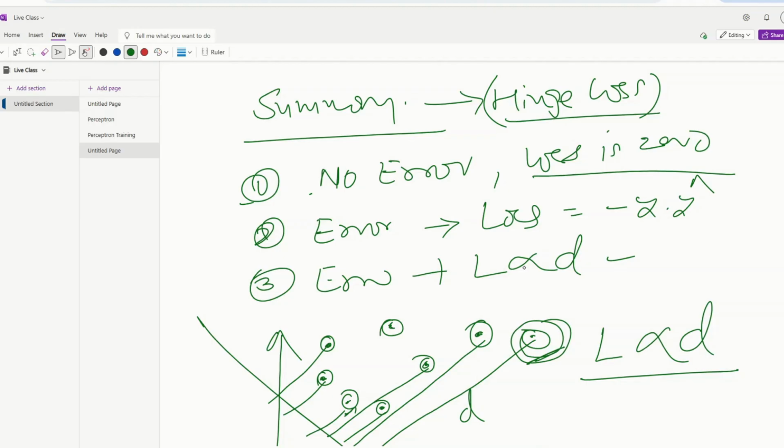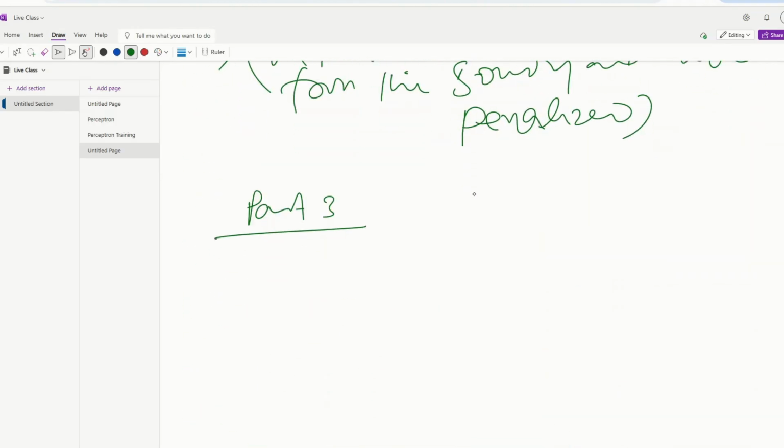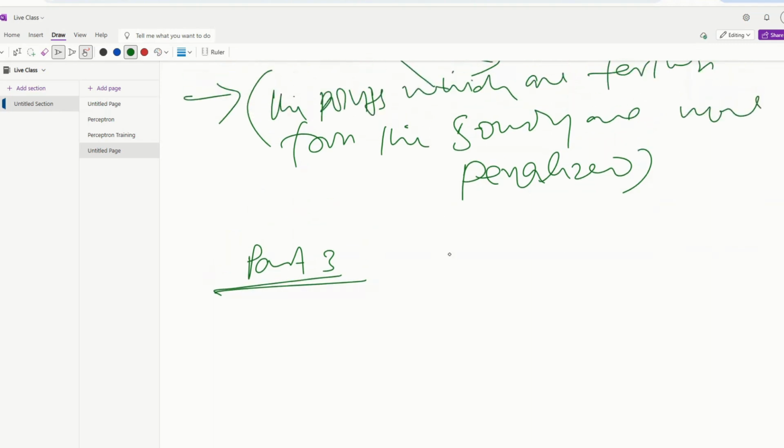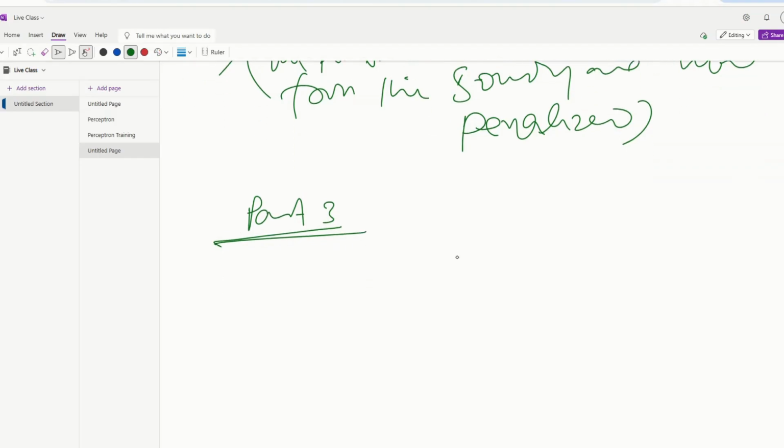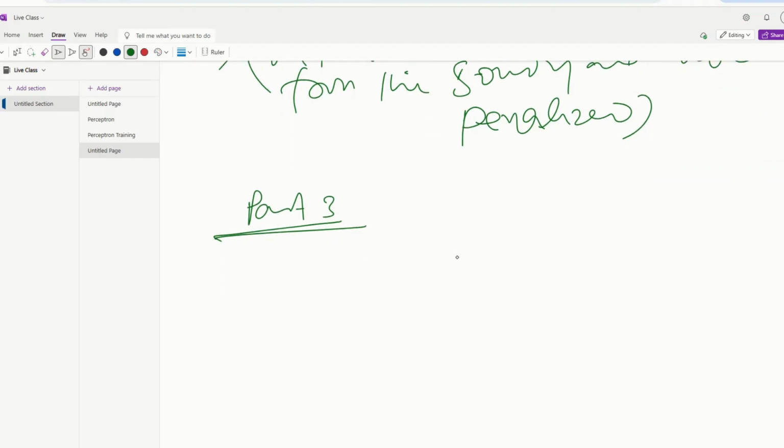Now, in this part, I want to extend our concept. One thing is very important to explain: before I talk about point number 3, I want to build a context here, then it will be easy for me to explain.